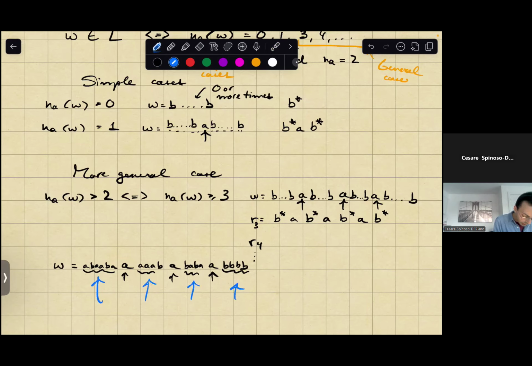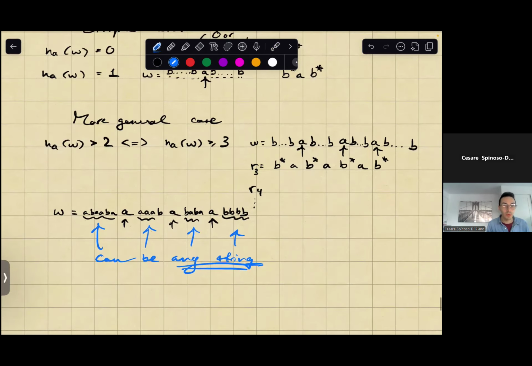Here can be any string. Well, if this can be any string, I know what the regular expression for any string over the alphabet A, B is. I know that this is (A+B)*.